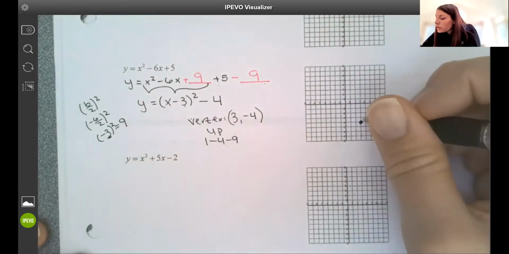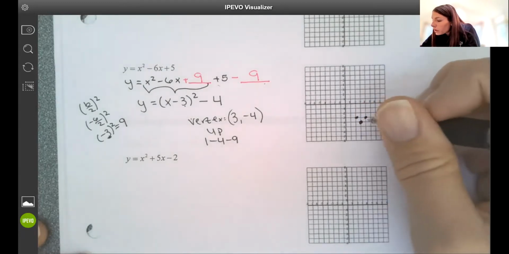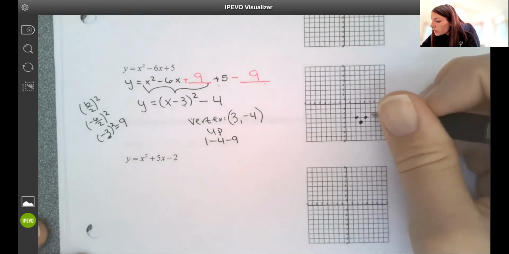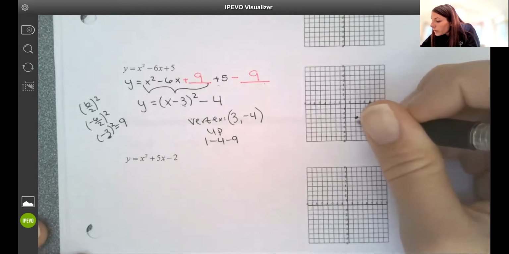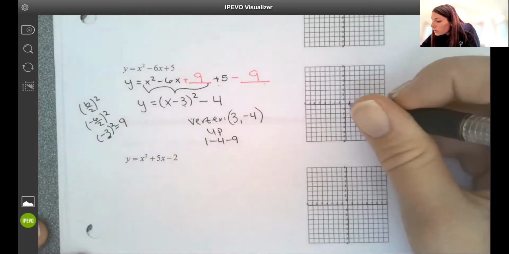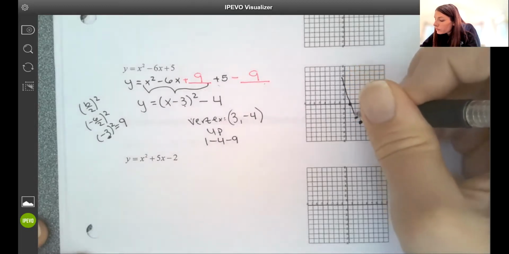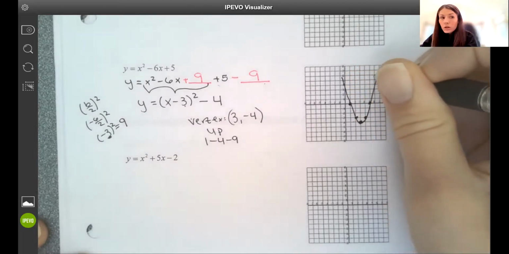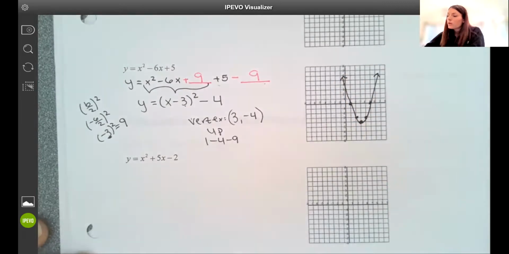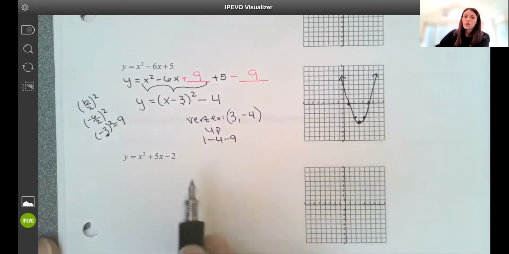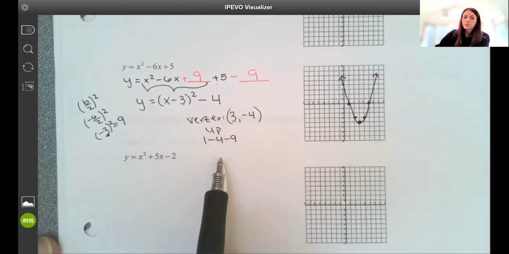So there's my vertex point opening up 1, 1, and 2, 1, 2, 3, 4. That's good enough. And there's my graph by using vertex form to graph.